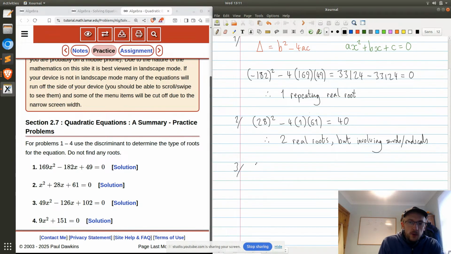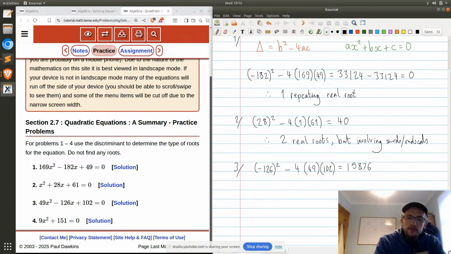And now b squared minus 4ac is applied to this. What is 126 squared? 15,876. What is 49 times 102, and then times that by 4?